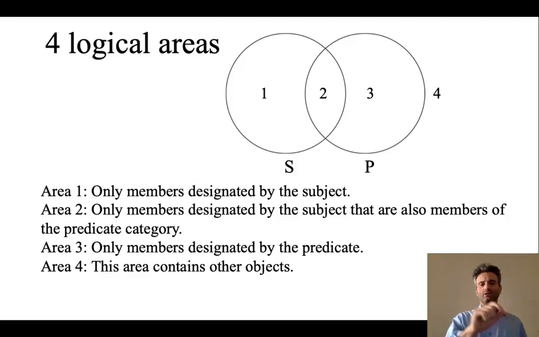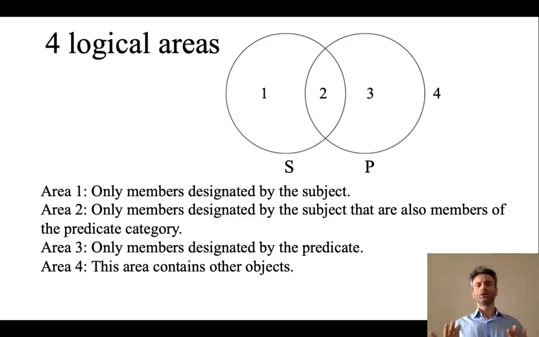And by shading and using X's, we clarify what exactly this relationship is. So before I show you the four forms using Venn diagrams, let me explain something very important that you have to understand before we move to that point.